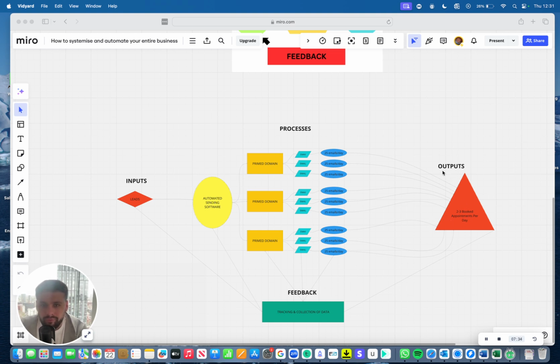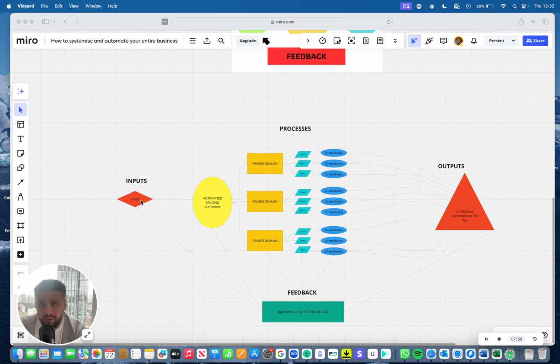This is obviously a very simplified version. Most people's email systems, if they're just sending out these, are not going to get 2 to 3 booked appointments per day. You need certain emails, certain AIs that are going to help personalize and really refine your outreach process to get a good amount. But like I said, this is just an example.